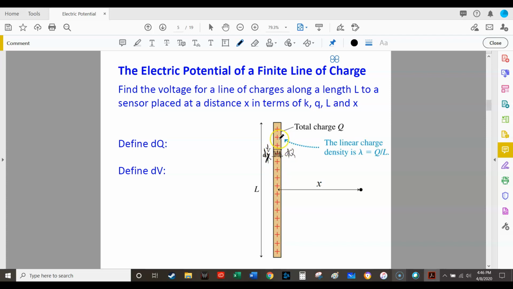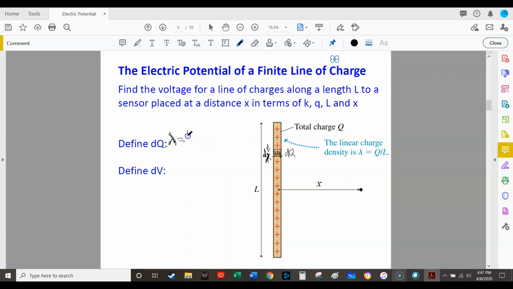Okay, now let's go ahead and identify the charge density. Since it's a line, it's going to be lambda. And that's the number of charges built up on here. In this case, if we were to actually count this, we have 1, 2, 3, 4, 5, 6, 7, 8, 9, 10, 11, 12, 13, 14, 15, 16.